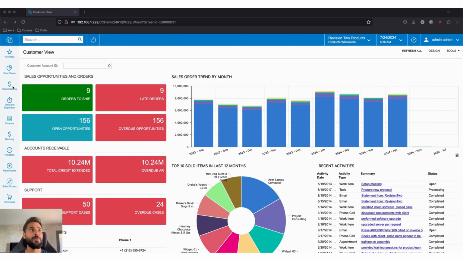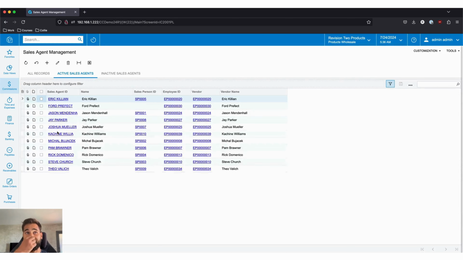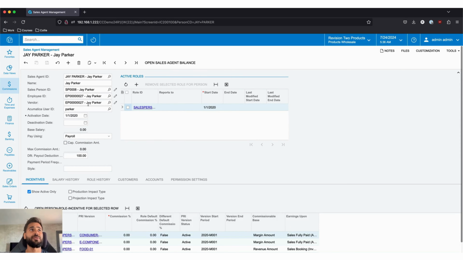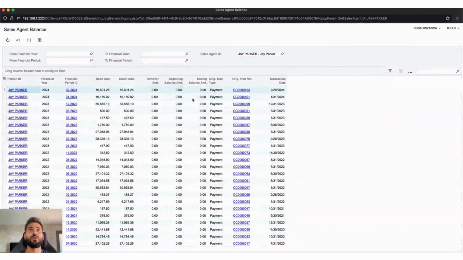Let's start with opening the sales agent management screen. Inside the sales agent management screen, each sales agent is going to have a balance. The balance is going to be recorded by each payout transaction that we have performed in the commissions conductor, okay, for each of our sales agents. The highlights over here are the following.